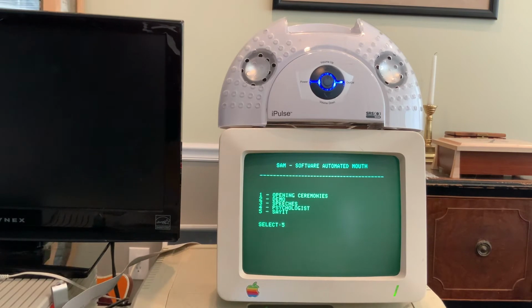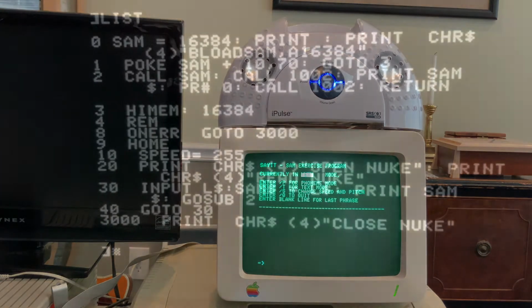So if you run the Say It program, you can enter text in phoneme mode as well.